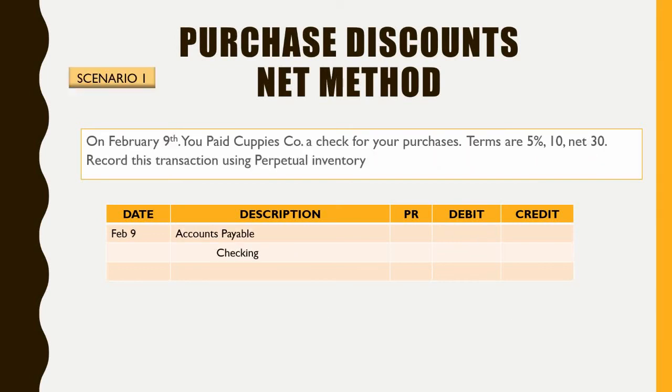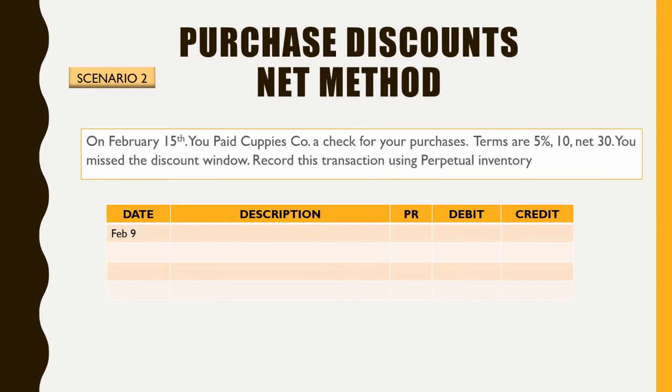Okay? And of course, scenario 1, if you decide to pay, then you just pay for what you owe, which is that $218.75. But again, if you end up missing that discount period, then you're going to have to re-recognize it and put that discount back into the mugs. Okay?